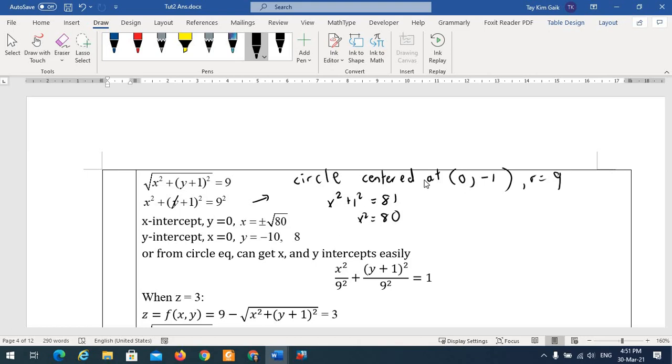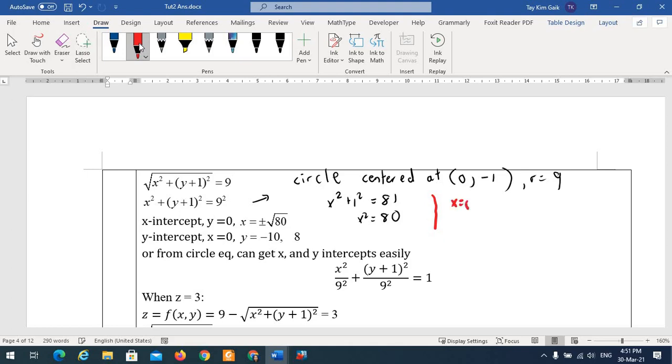And then you get our y-intercept when x equal to 0.